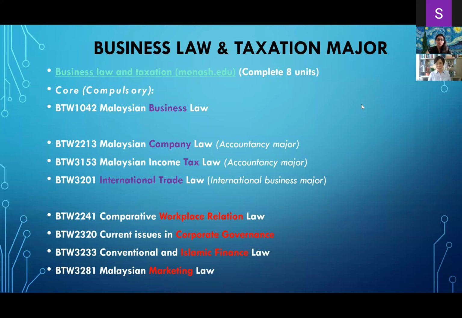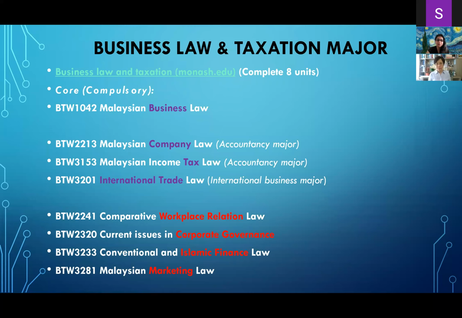Okay. So I'm just going to give you some information about the units. So for business law and taxation major, basically you are required to complete 8 units. Now, I think all students have to take BTW 1042, which is Malaysian business law. This is a compulsory subject.